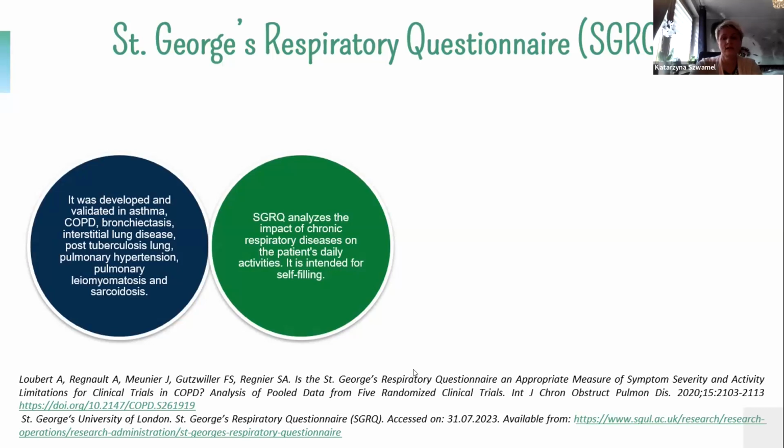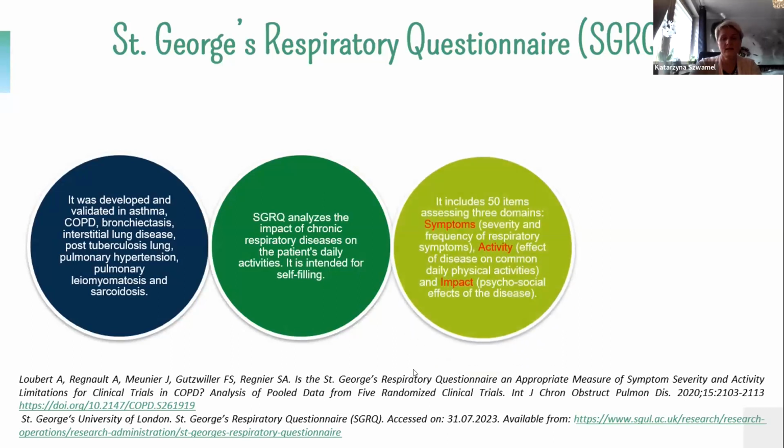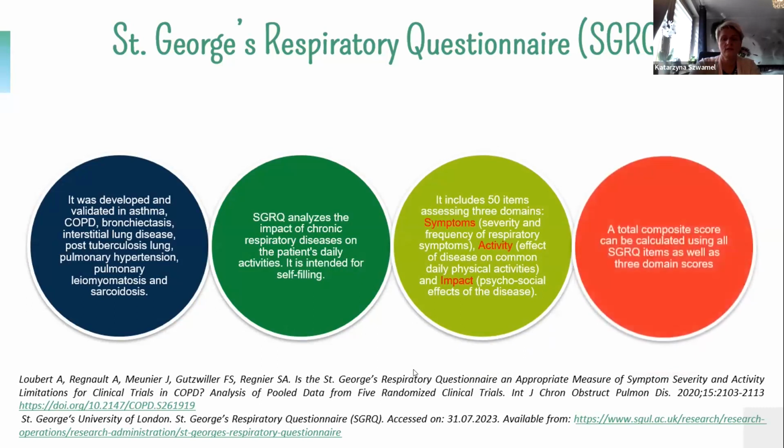This questionnaire analyzes the impact of chronic respiratory disease on the patient's daily activities. It includes 50 items and covers 3 domains: symptoms, activity, and impact. Impact means the psychosocial effects of the disease.